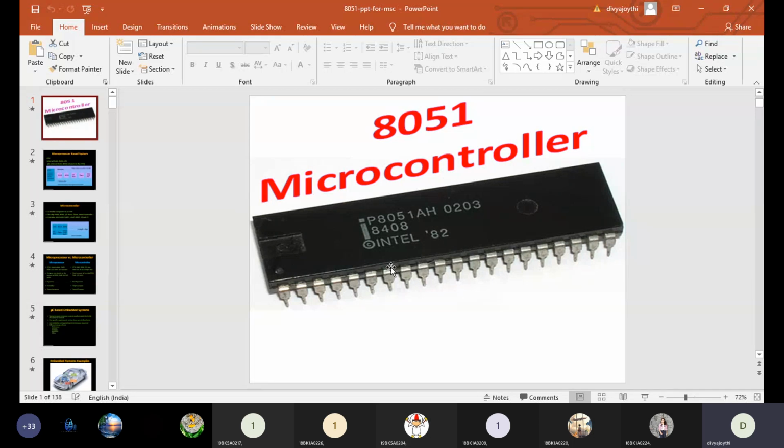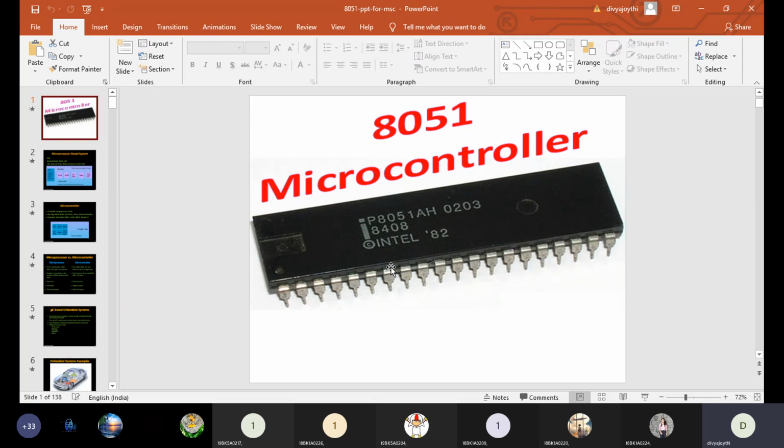And as I told you, a microcontroller comes with some internal memory. The 8051 microcontroller has 4 kilobytes of on-chip ROM. On-chip ROM is also called program memory, and it has 128 bytes of on-chip RAM.